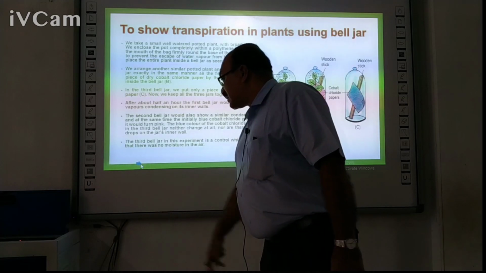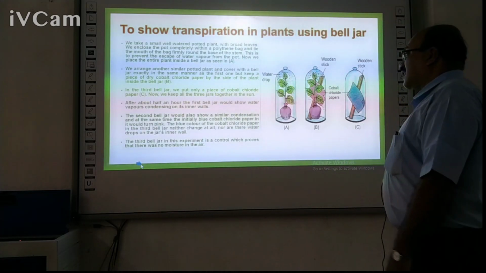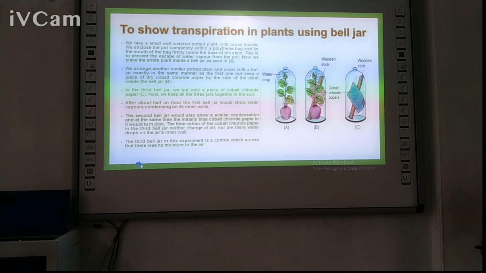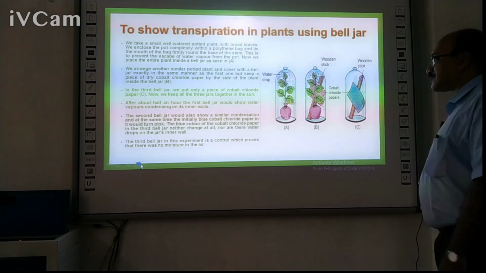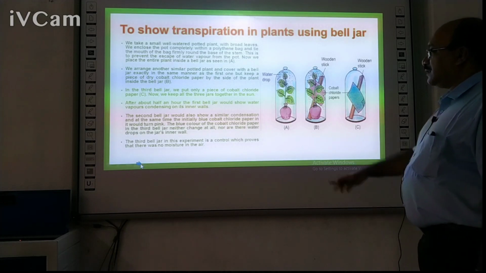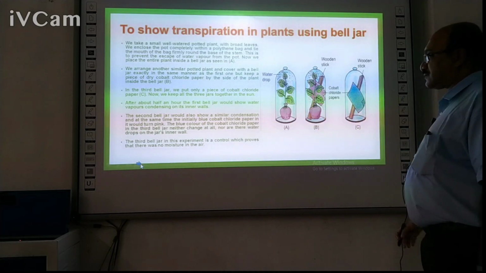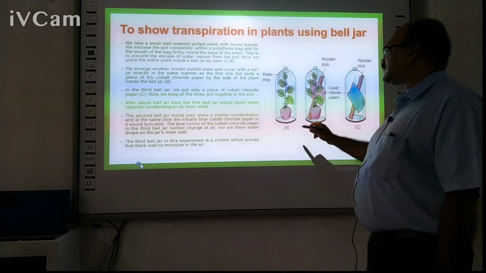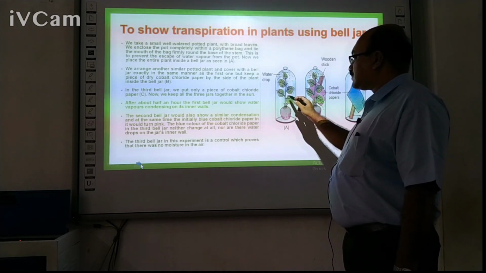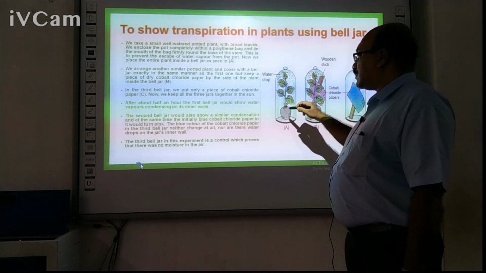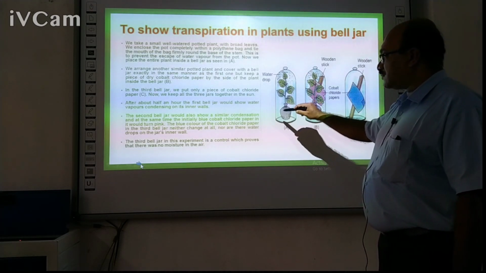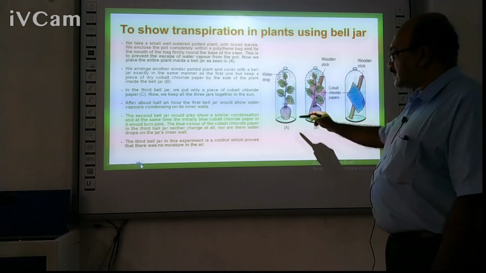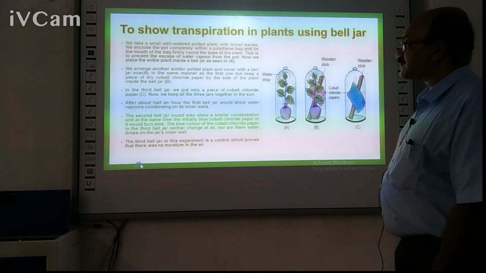Let's go to the next part. Here is another experiment using a bell jar. This also demonstrates transpiration. Here we have 3 bell jars. In the first one, we have a well watered potted plant, and the lower portion of the pot, where the soil is, is covered with a polythene bag.